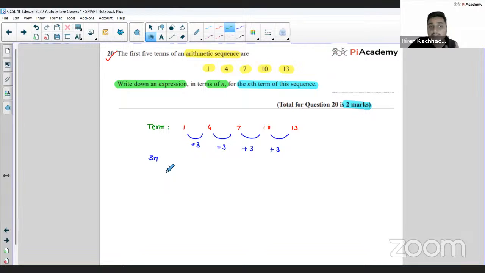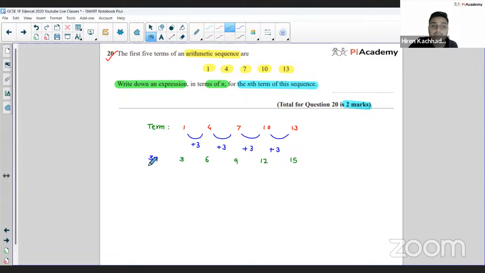If you have to find the first number, then you put n equals 1. So 3 times 1 is 3. Then 3 times 2 is 6, 3 times 3 is 9, 3 times 4 is 12, and 3 times 5 is 15. Now you can find the difference between these.